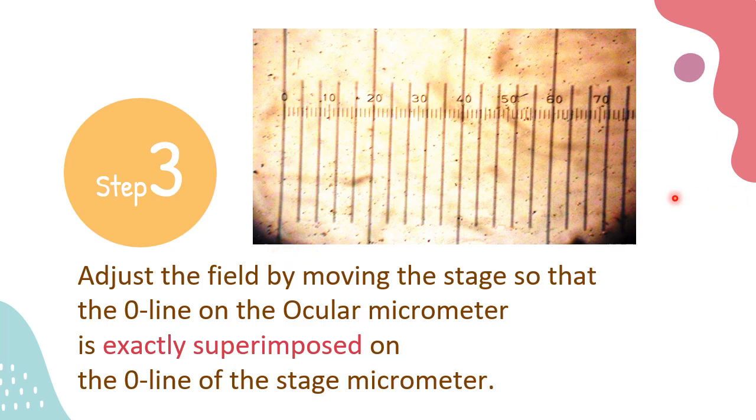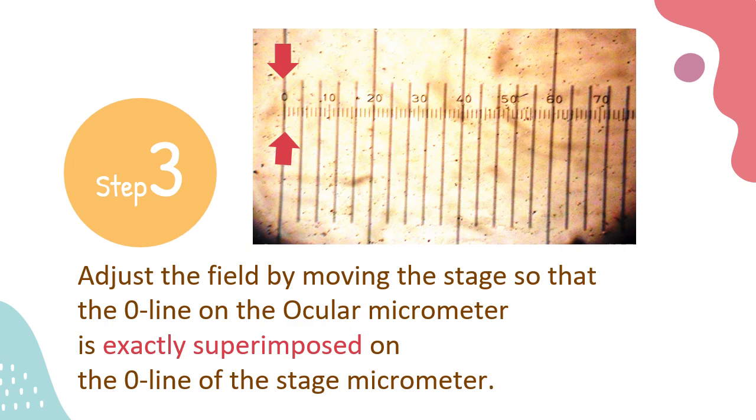Okay, so also note that only the stage micrometer, so this big scale without numbers in it, is the one that you can adjust because it's in the stage and it's movable. Okay, while your ocular micrometer, you really cannot move it around. Okay, so the goal is now to superimpose the stage micrometer onto the ocular micrometer zero line. Okay, I hope you got that.